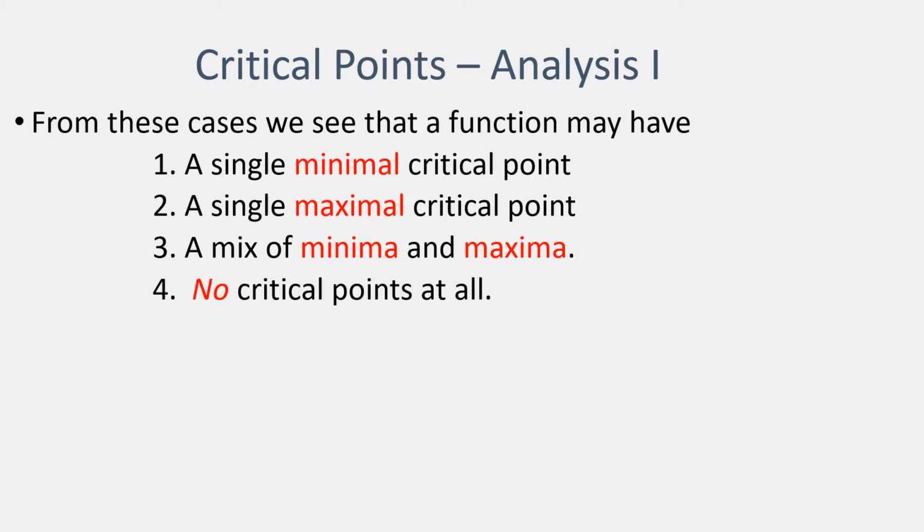And finally, our function could have no critical points at all. In other words, no value for which the first derivative of that function becomes 0. So really what we're interested in is how do we distinguish these? How do we tell this case from this case from these cases?